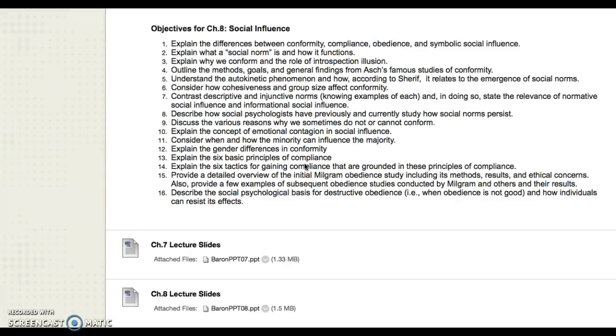Compliance is more like, I feel like I need to do this. It feels compelling to me. Maybe I've been asked to. Someone has made a request that I attend a party with them or buy a product. And so compliance involves many different principles that might then affect whether or not we go along with said request.